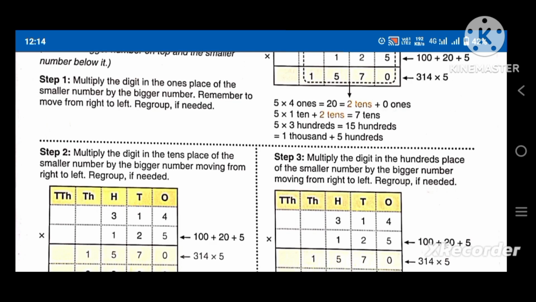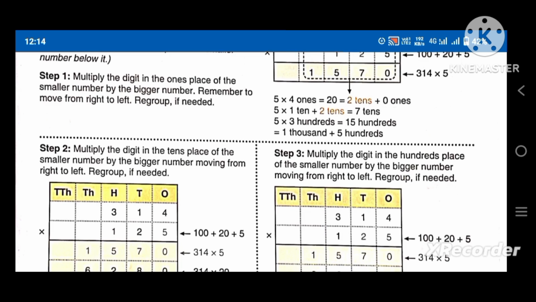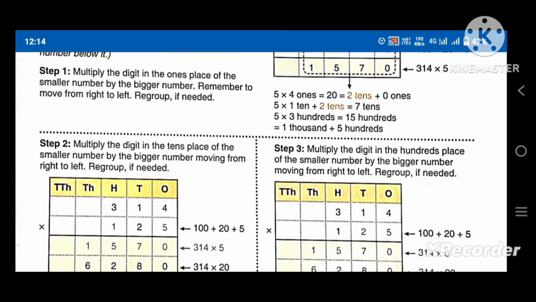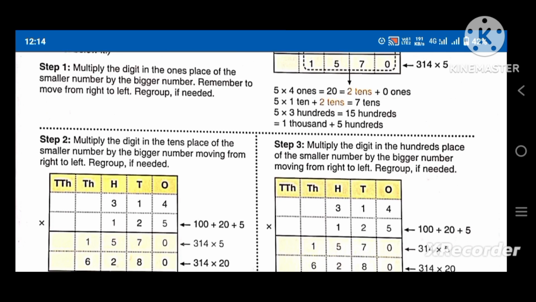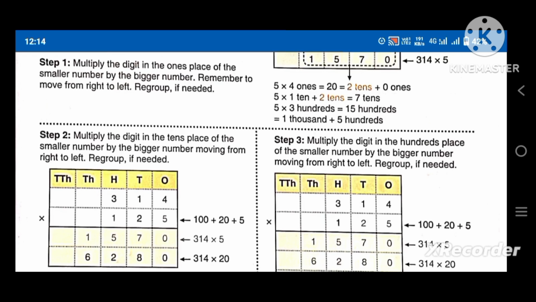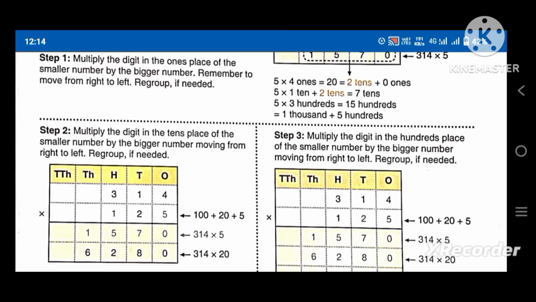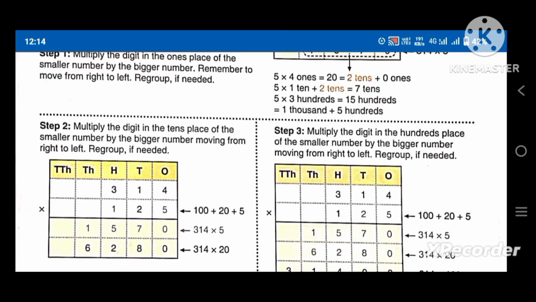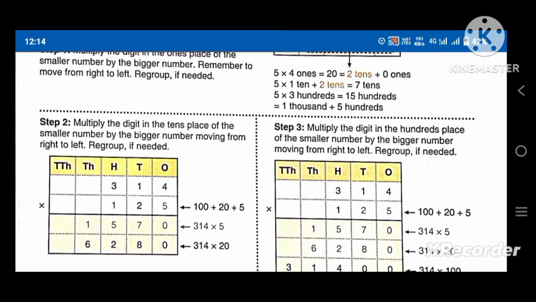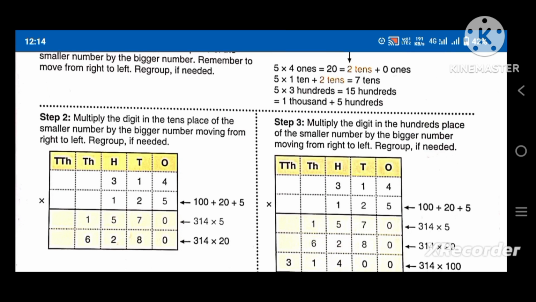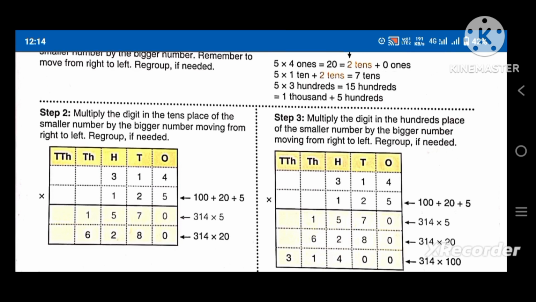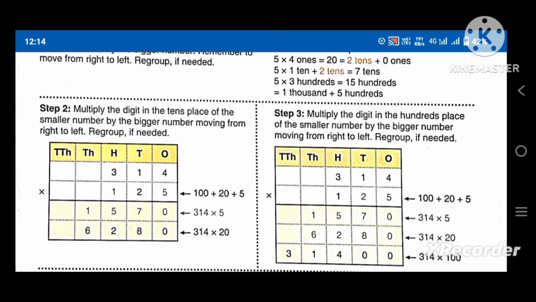Step 2. Multiply the digit in the tens place of the smaller number by the bigger number, moving from right to left. Regroup if needed. 314 multiply by 125. 125 means 100 plus 20 plus 5.